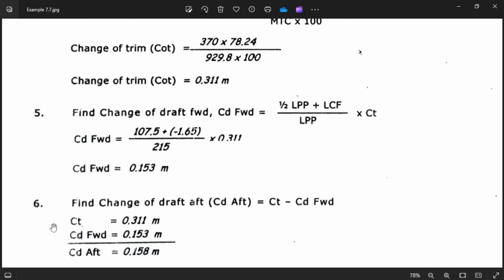Now, number 6, since you already got your change of draft forward, you will have to find the change of draft aft.